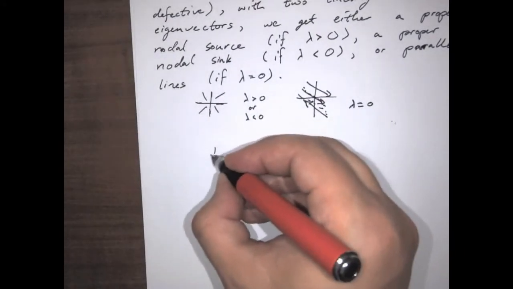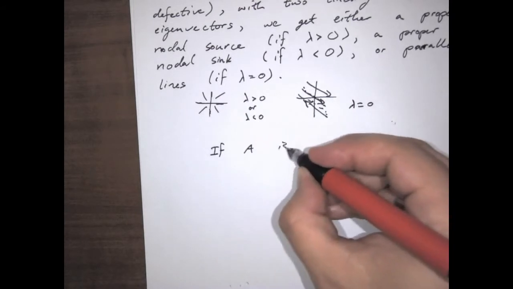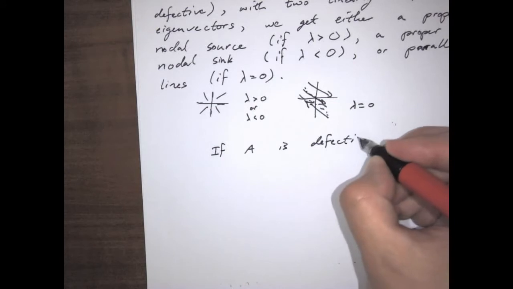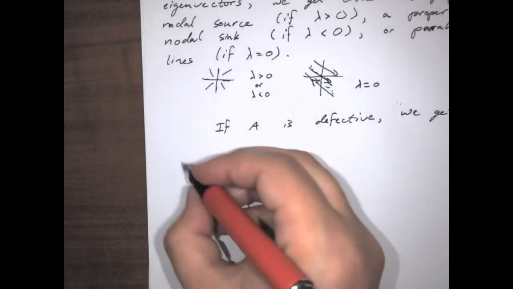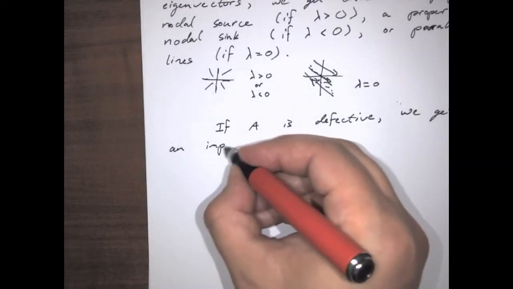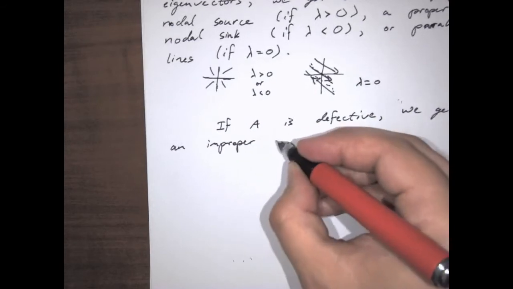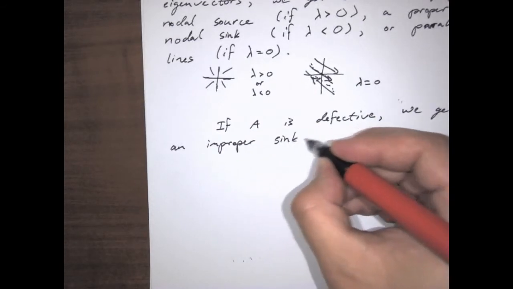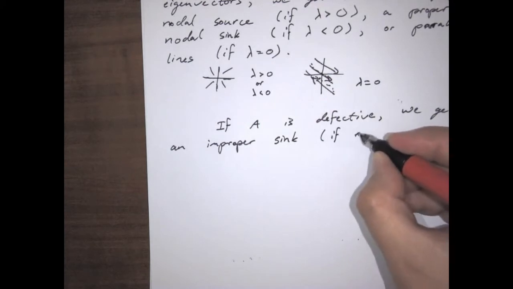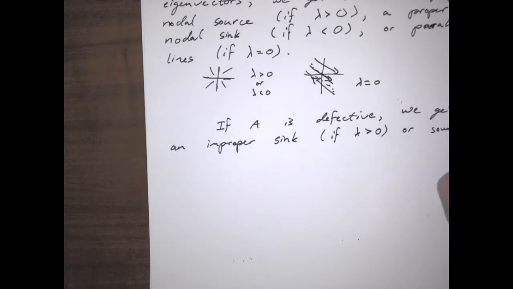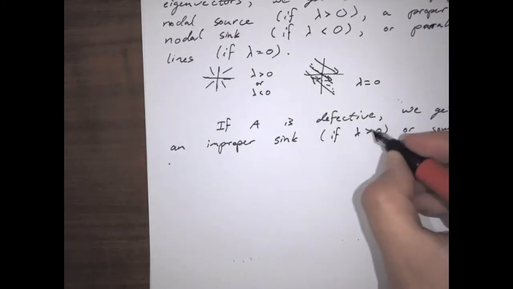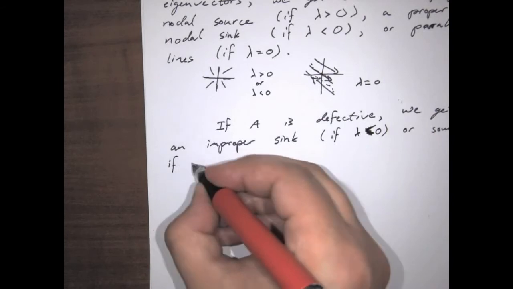Anyway, so there's that. Now, if on the other hand A is defective, we get an improper sink if lambda is less than 0, or source if lambda is greater than 0.